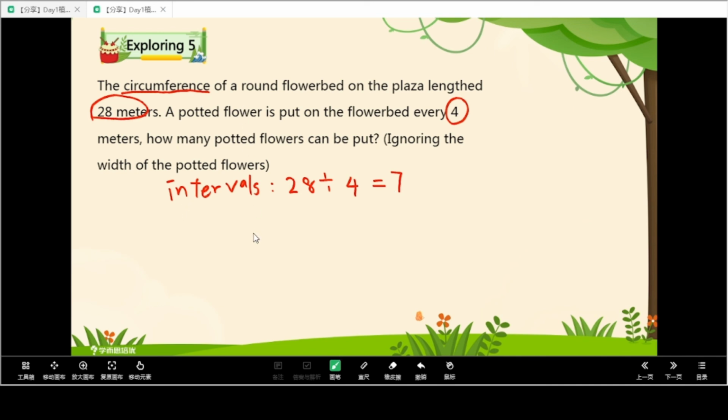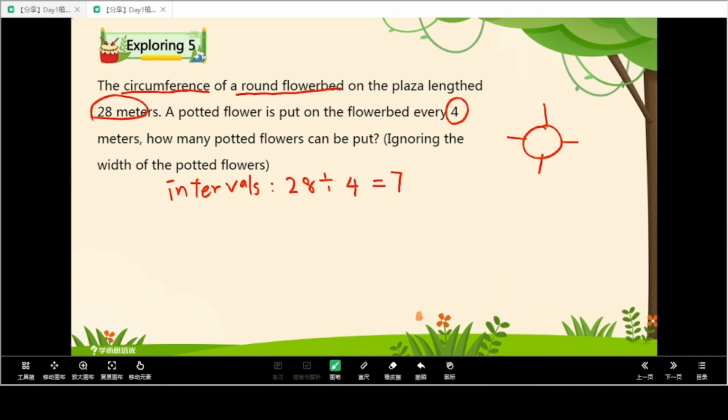So the second step, we need to find the question type. So which question type is it? It is a round flower bed, so it means we need to use the circular question type. And let's see, if there are 1, 2, 3, 4 flowers, how many intervals? 4 intervals.